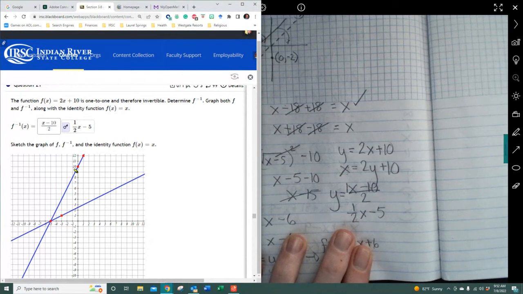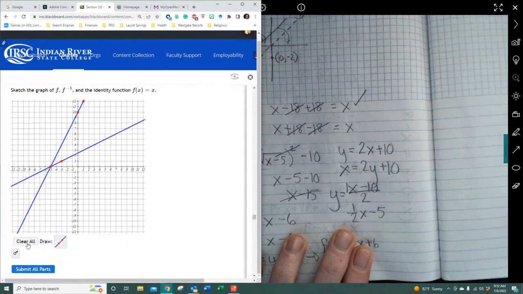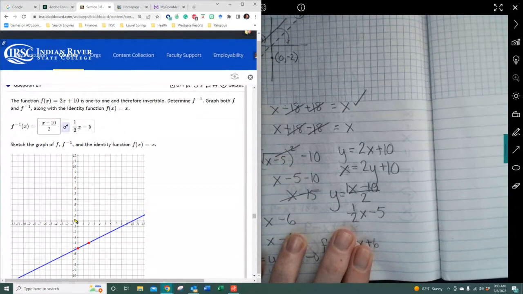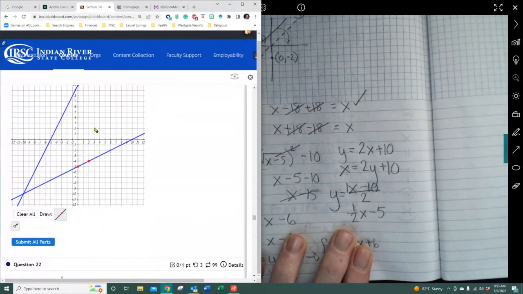So up, it's not there. Disregard that one. I didn't want to clear both of them. We have to go down to negative 5. So negative 5, up 1 over 2 is right there. Then we go up 2 over 1. And that's better. I like that. That looks better.